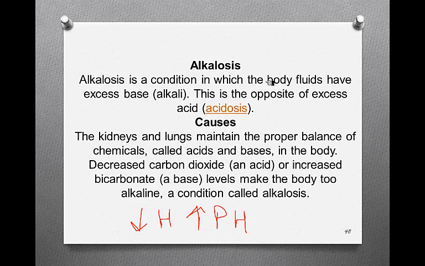And alkalosis is a condition in which the body fluids have too much or excess alkali. This is the exact opposite of acidosis. The kidneys and the lungs maintain the proper balance of chemicals, acids and bases. Decreased carbon dioxide or increased bicarbonate make the body too alkaline, a condition called alkalosis.